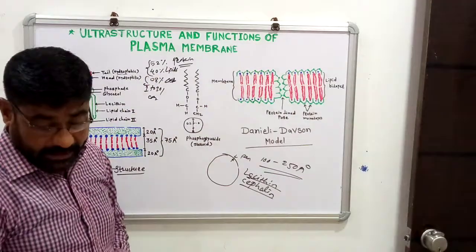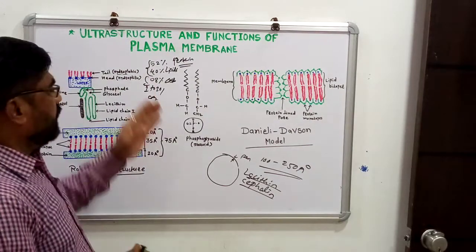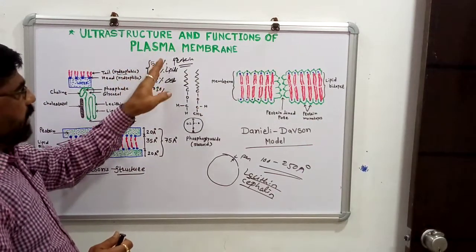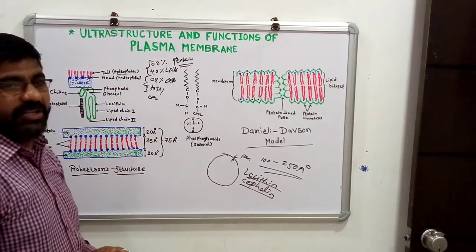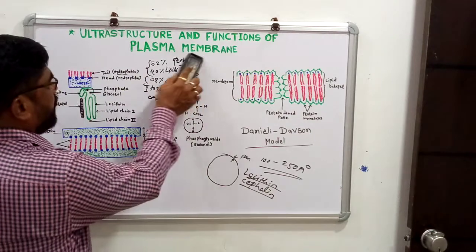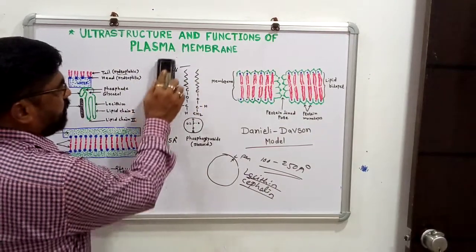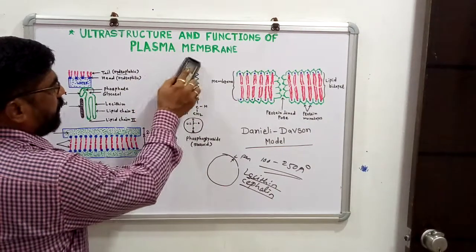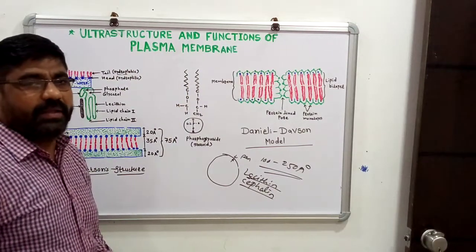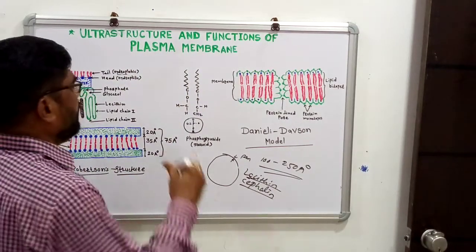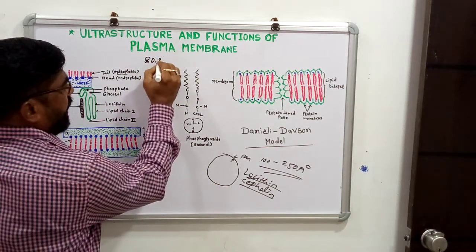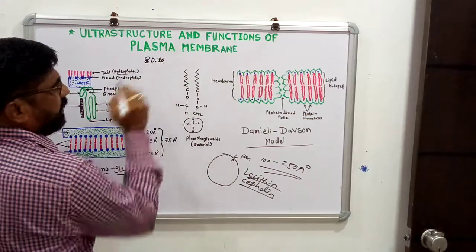Different kinds of biomolecules or macromolecules are present for the formation of the plasma membrane. According to the various different cells, the ratio of proteins and lipids in the plasma membrane differs. In some cells there is an 80:20 ratio of protein and lipid bilayer.